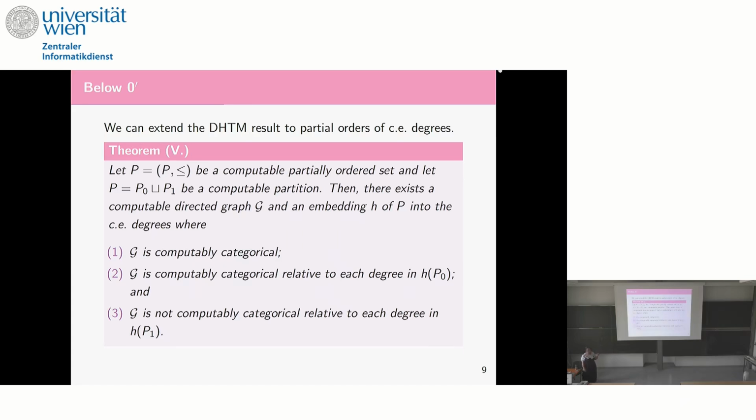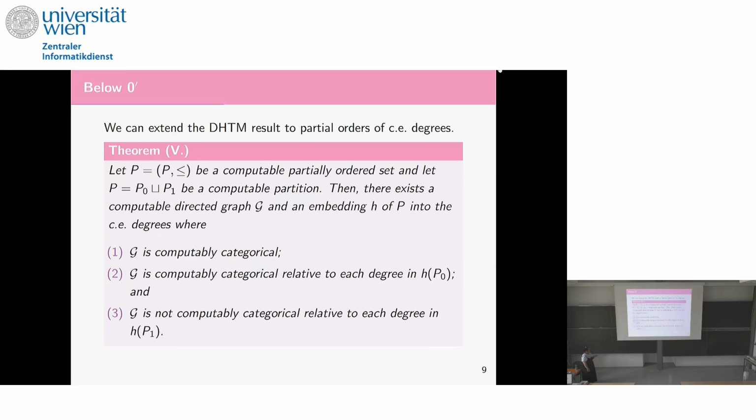Then there exists a computable directed graph G and embedding H of P into the CE degrees where G is computably categorical relative to every degree in H of P0, so in the images of the points here, and G is not computably categorical relative to any degree in H of P1. Okay. So it doesn't have to just be an increasing linear order, it can be a poset of CE degrees.